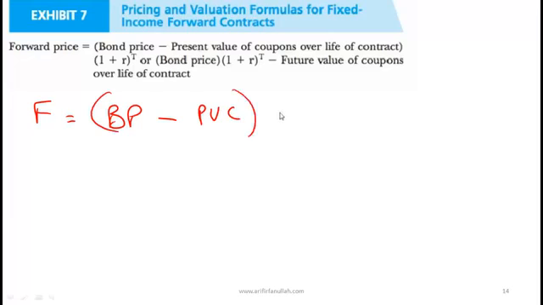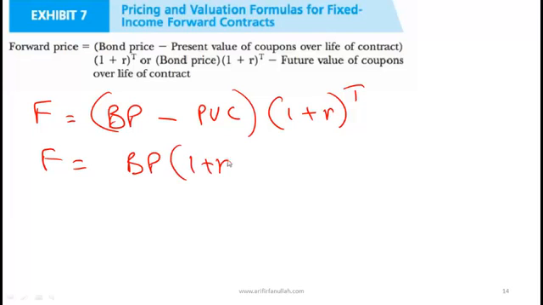And then what do we do after that? (1 plus R) to the power of T. So do you know this in your sleep by now? This is straightforward. What's the other way of writing this? Forward price is equal to bond price into (1 plus R) to the power of T, and then you subtract the future value of the coupons. So the same concept.